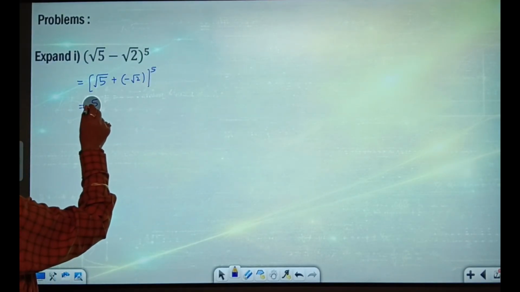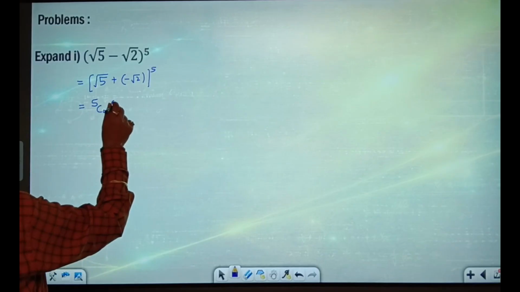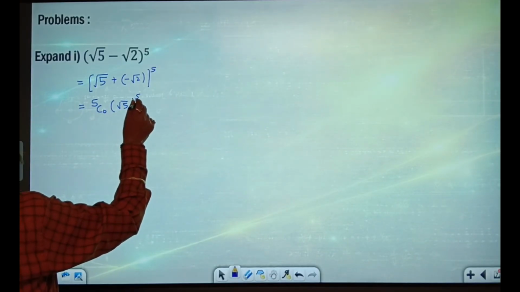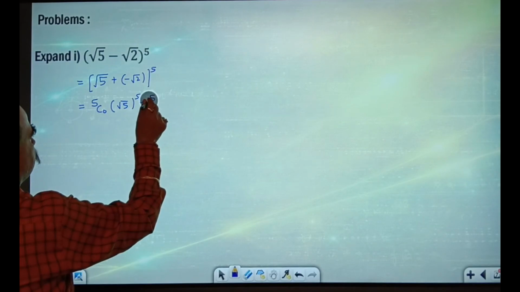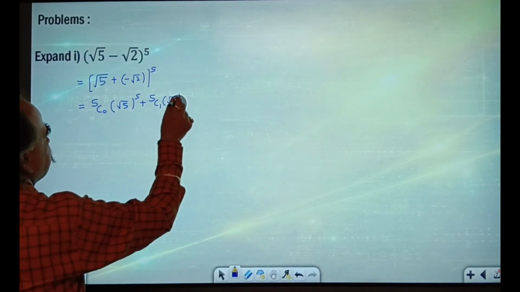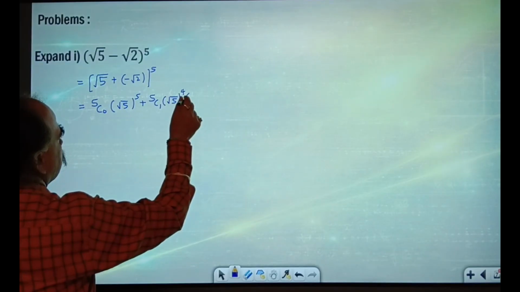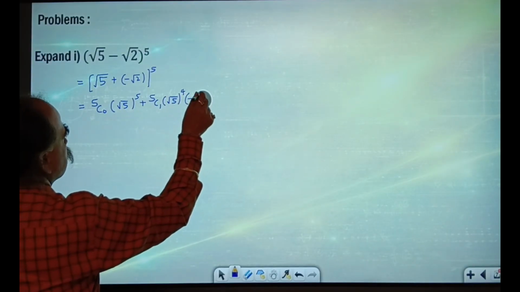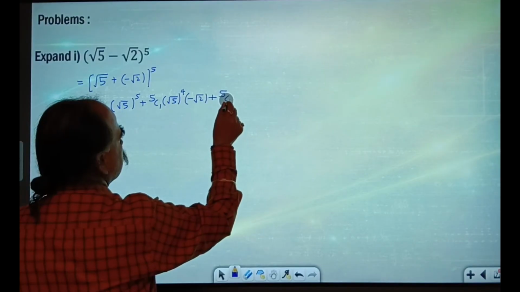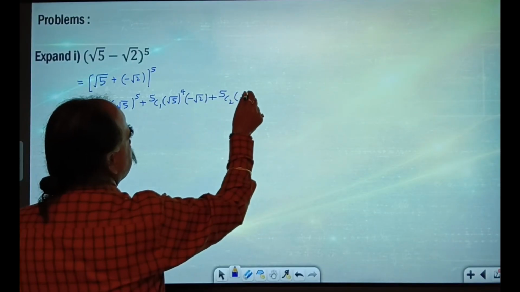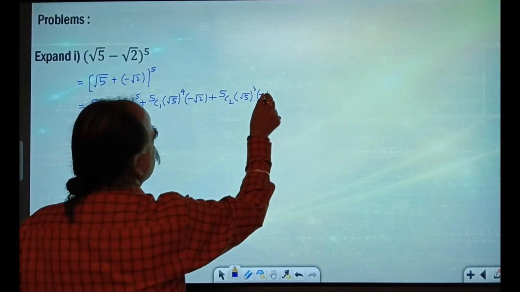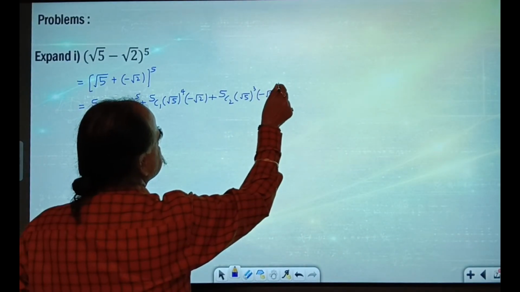So 5c0 root 5 raised to 5 plus 5c1 root 5 raised to 4 into minus root 2 plus 5c2 root 5 raised to 3 into minus root 2 square.